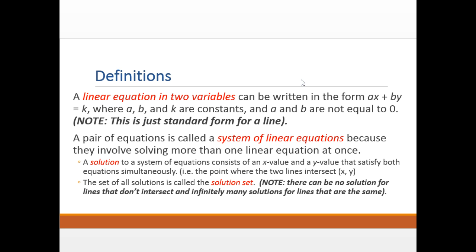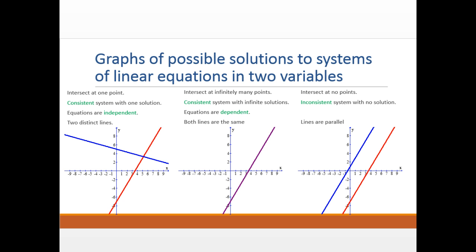Now please be aware that you may have one solution if the lines intersect. You may have infinitely many solutions if the two lines are the same and lie on top of each other, or you may have no solutions if the lines are parallel. Here are examples of this. This is an example of the lines intersecting at one point, this red and blue line. Here the red and blue line are on top of each other, so they literally make purple.